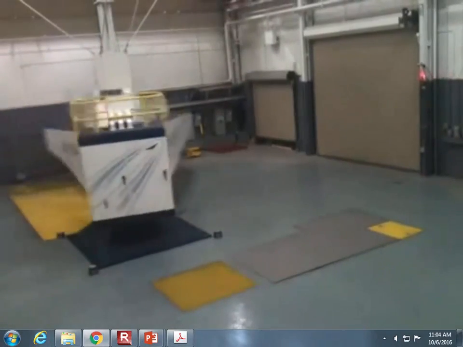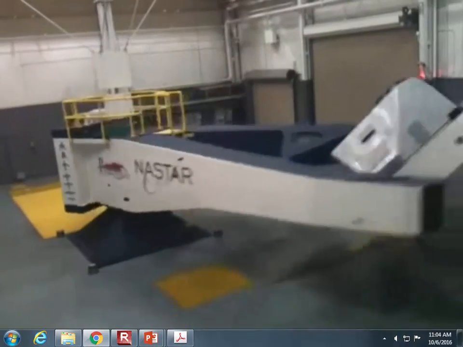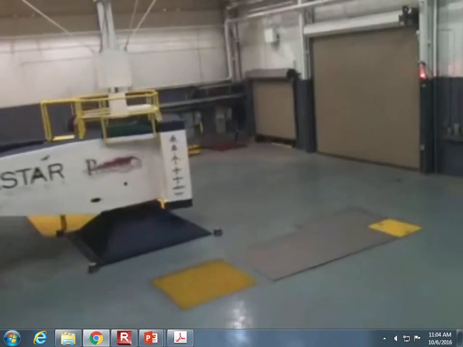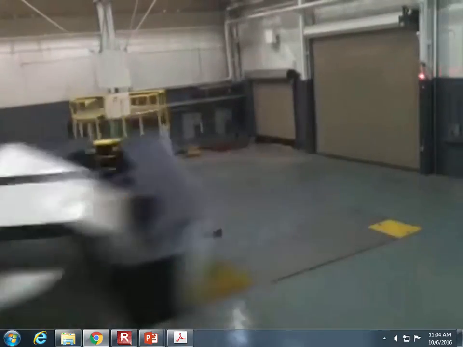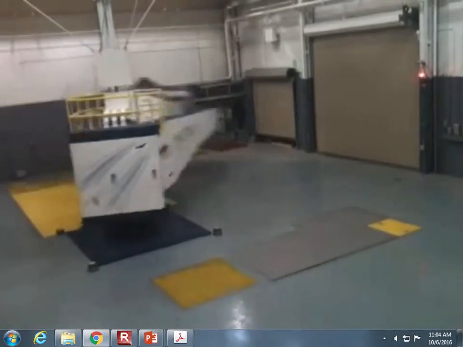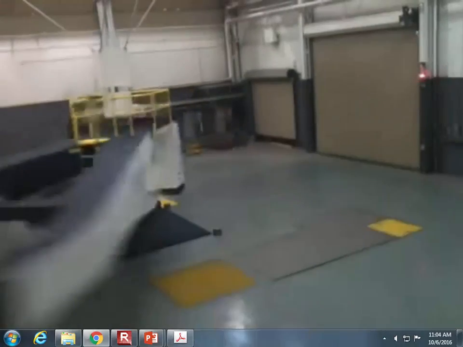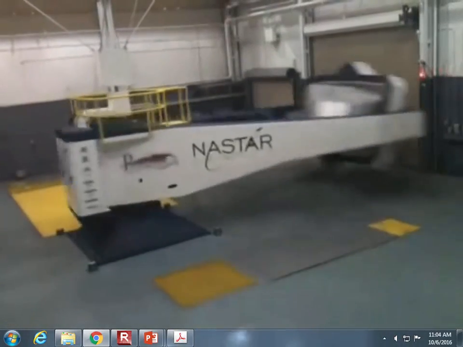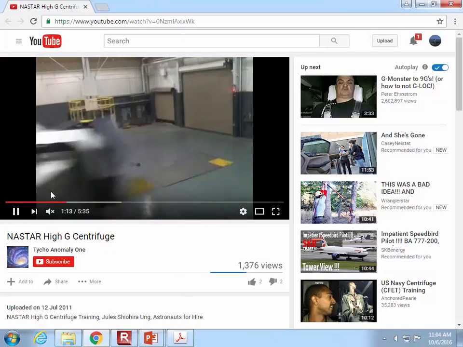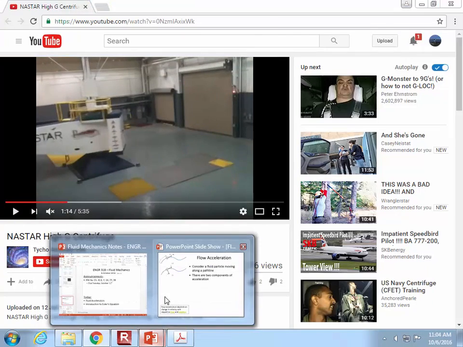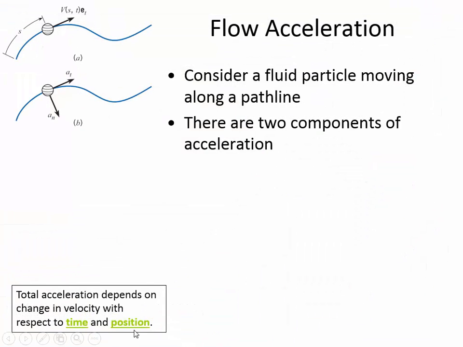So how is that possible for there to be an acceleration when the speed is constant? The velocity is changing, but the speed is the same, so how can the velocity be changing? It's the direction, that's right. And so this is a tangential acceleration. Seems like that'd be a pretty uncomfortable ride.